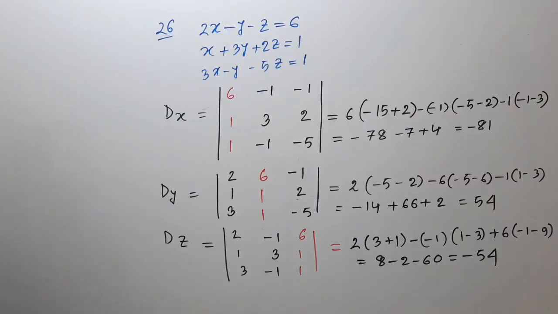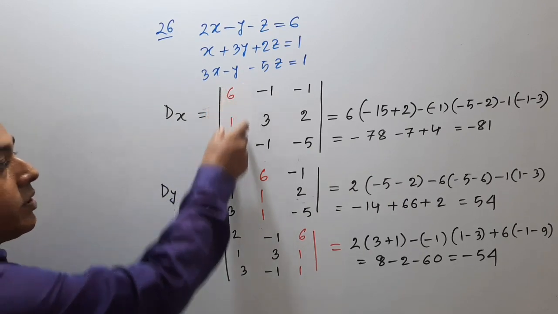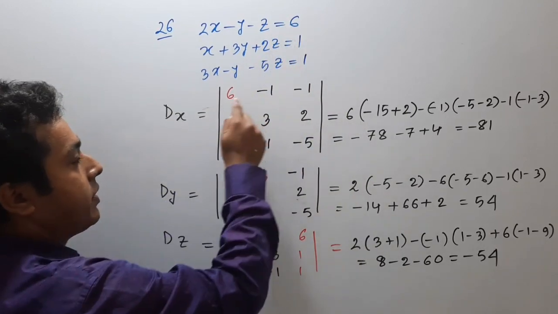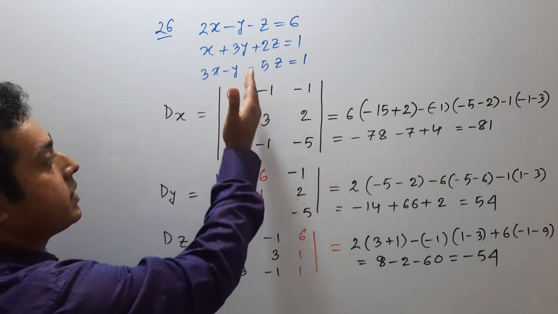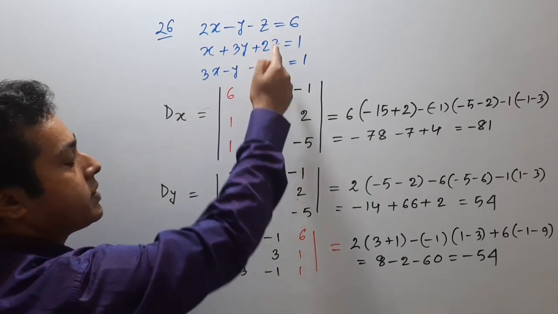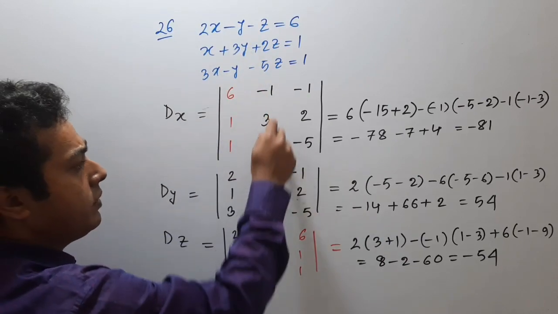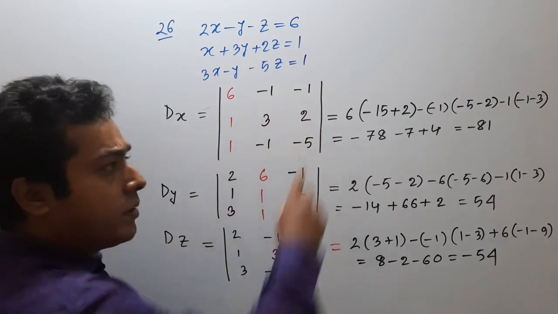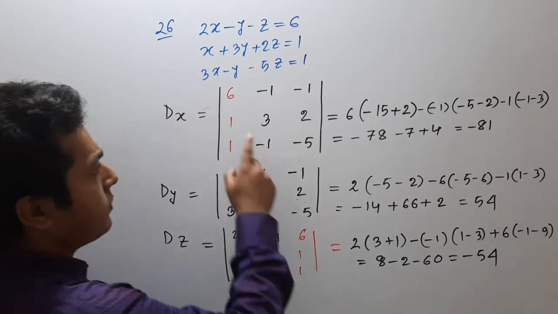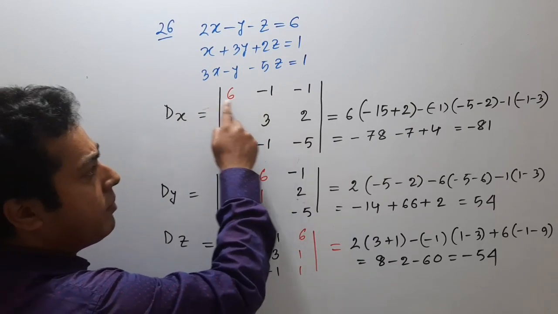My dear students, now Dx: the coefficient column of x is replaced by the constant terms 6, 1, 1. The other two columns, the coefficients of y and z, are not changed: minus 1, 3, minus 1 and minus 1, 2, minus 5. Expand this determinant by the first row.